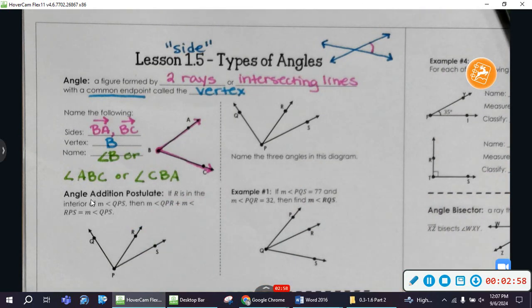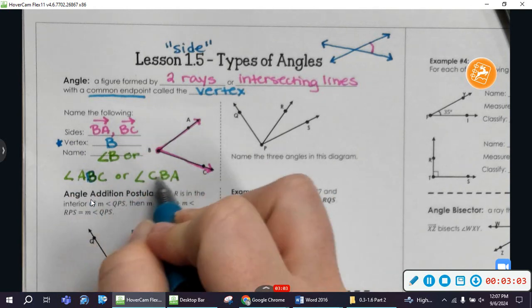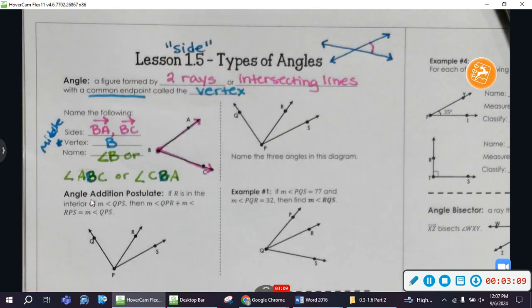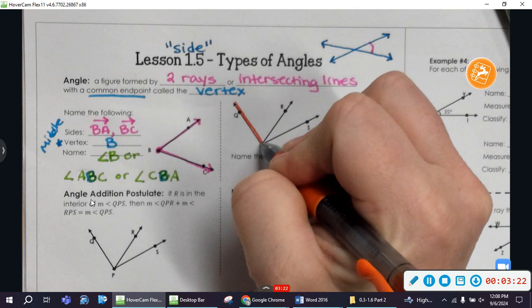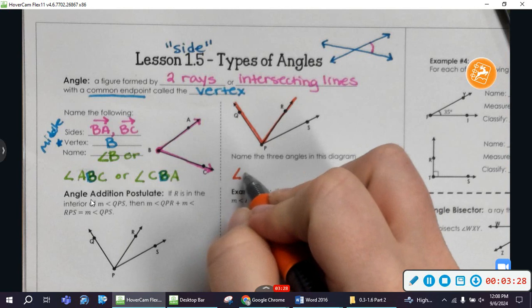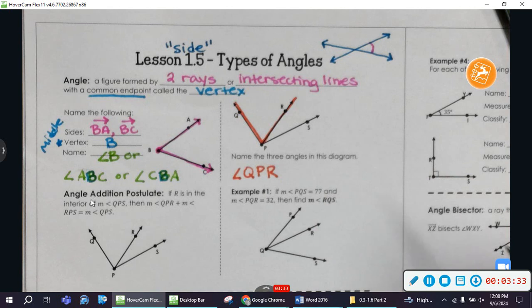But most importantly is that vertex B is in the middle. So if I look over here, I want to know how many angles do you see? So I notice that there's an angle right here, and they want us to name that angle. So I'm going to call it angle QPR. Notice that the vertex point P is in the middle.